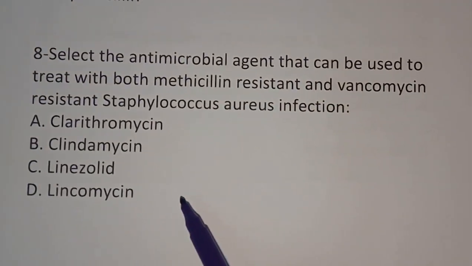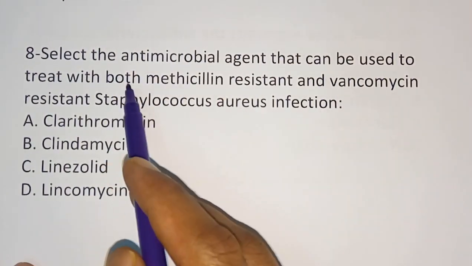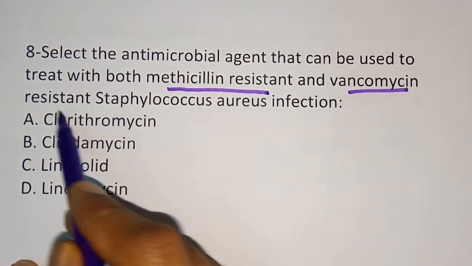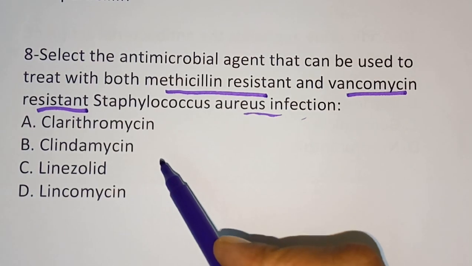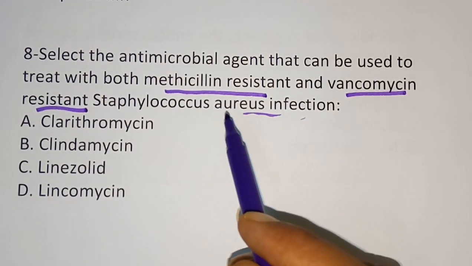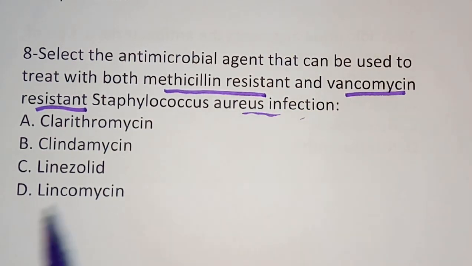Question number 8. Select the antimicrobial agent that can be used to treat both methicillin resistant and vancomycin resistant Staphylococcus aureus infection. In the previous question, the drug of choice for methicillin resistant Staphylococcus aureus was vancomycin.